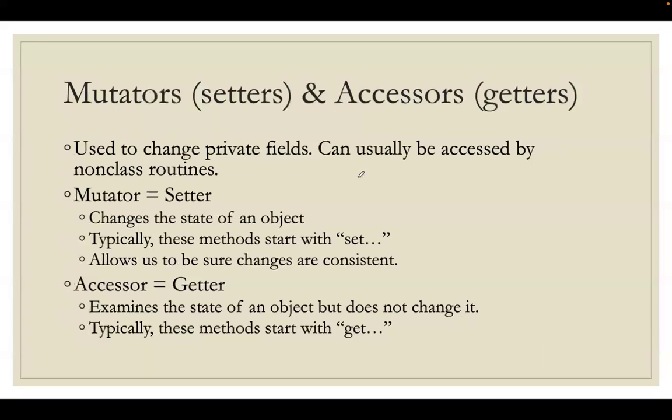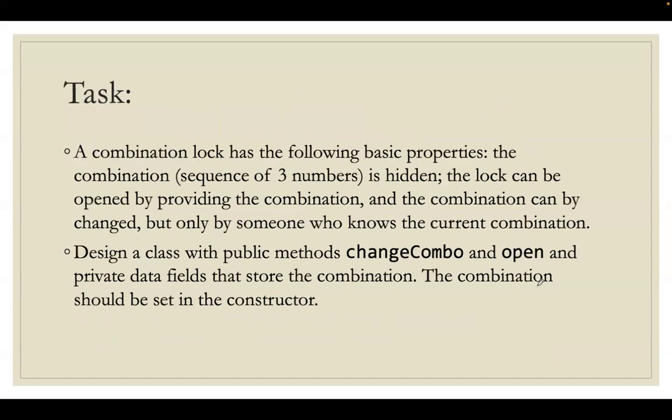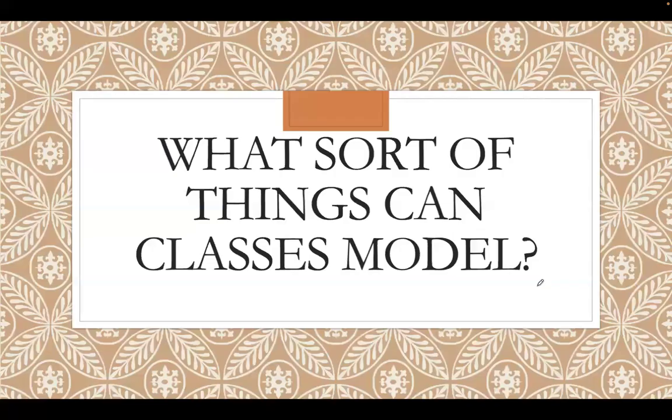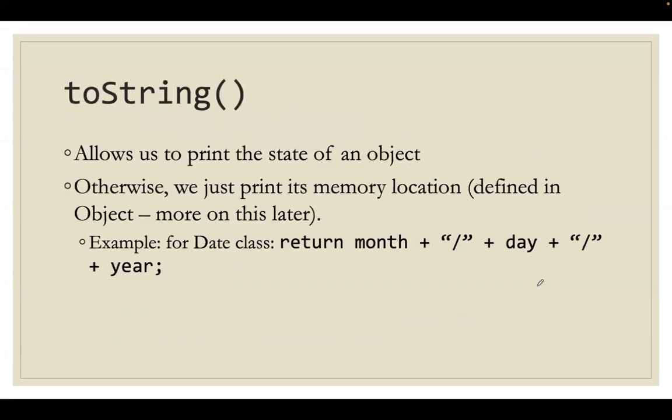Those are used to change fields and can be accessed by something outside of the class. So if we have code outside of the class, then we can access it. We don't have time for the combo lock today. Let's go through the rest of these things, and then we'll talk about combo lock next time.